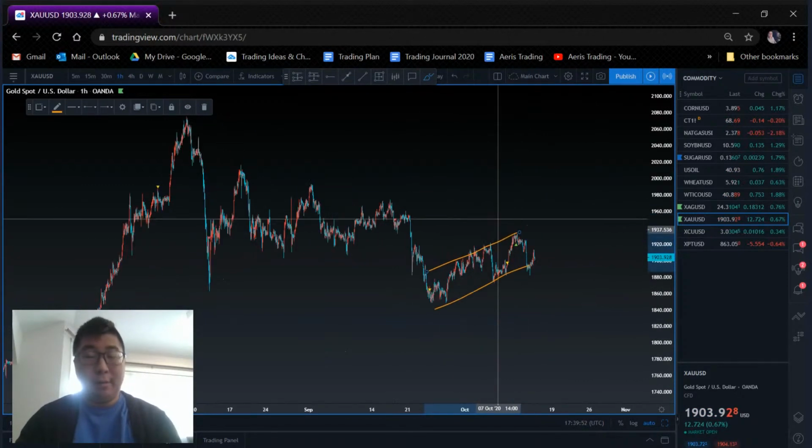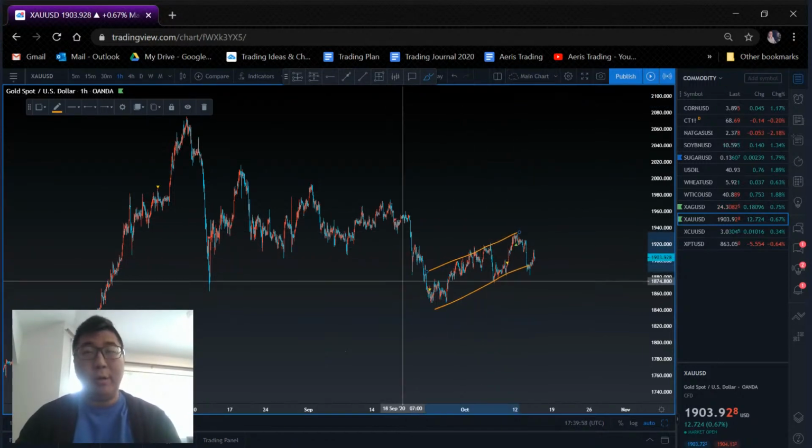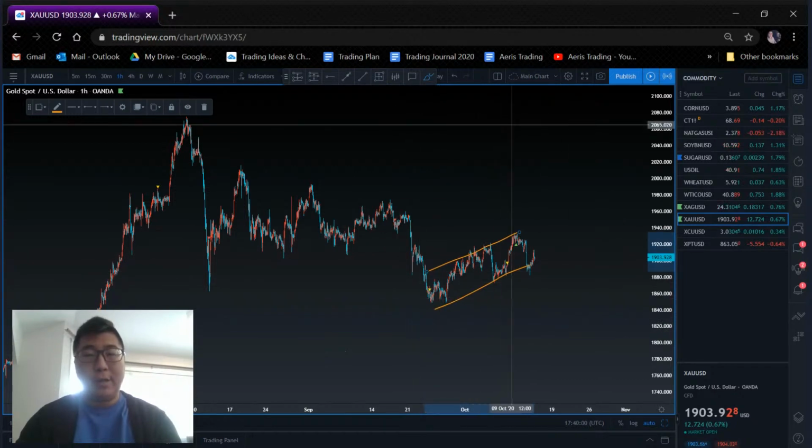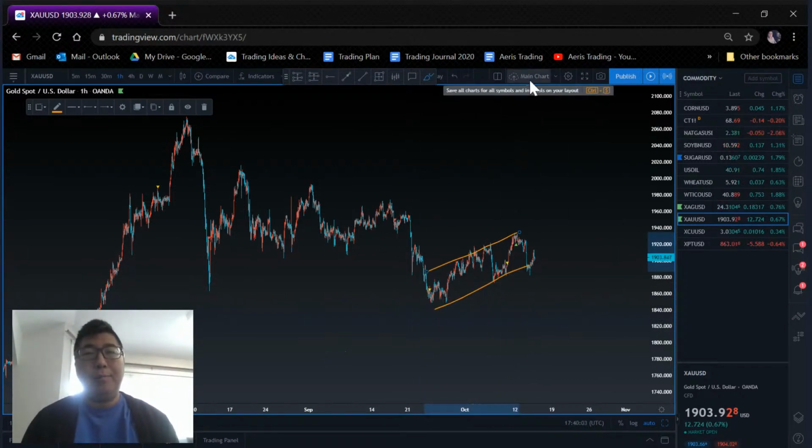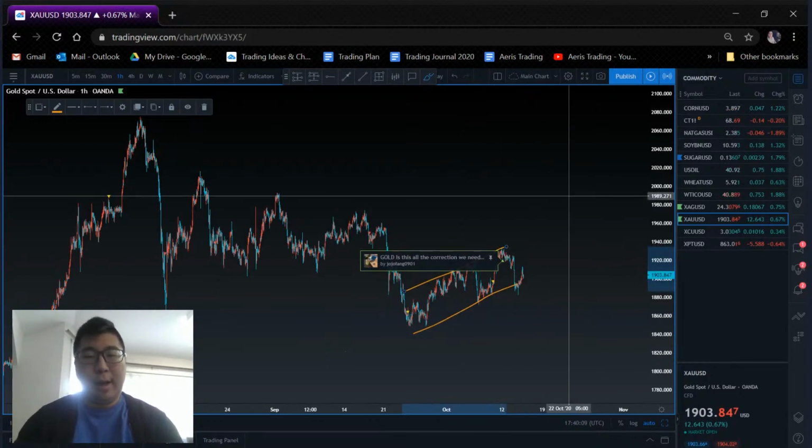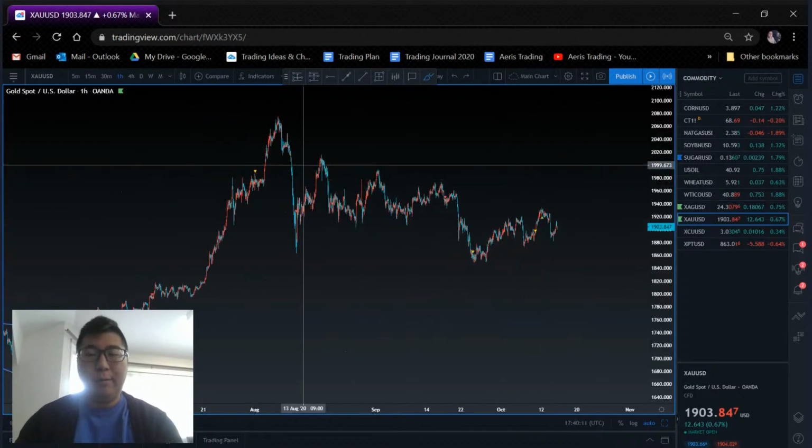This is not good trading if you're going to guess which way it is. If you're a technical trader, you want to wait for better price action, or for your strategies, you want to wait for confirmation, right? So to me, there's not too much confirmation here, and I'm happy to be on the sideline and wait for further development.